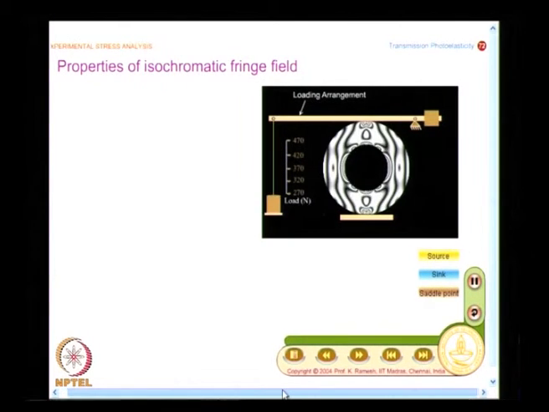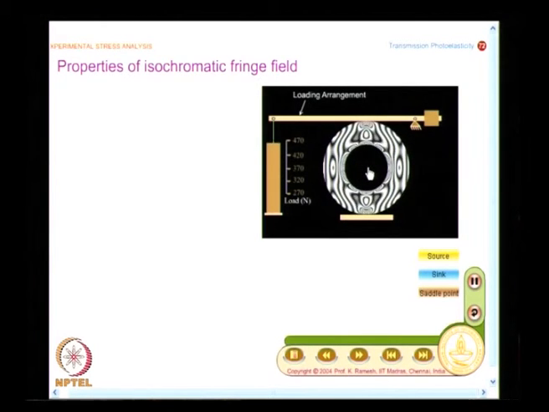And I have a very nice illustration of fringe field in a ring under diametral compression.